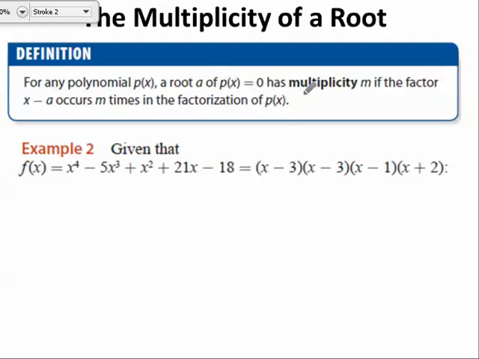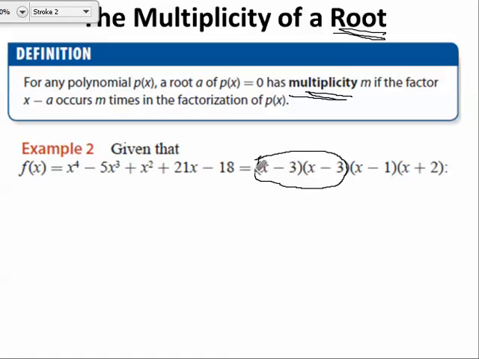Anytime we have a number that is a root of the polynomial and it occurs more than once, it's called a multiplicity. Multiplicity means occurring more than once. Down here we've got a polynomial that they factored for us, and you can see that x minus 3 is a factor twice.